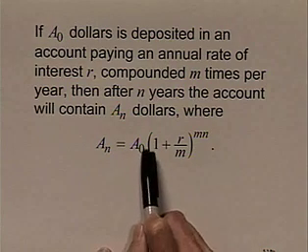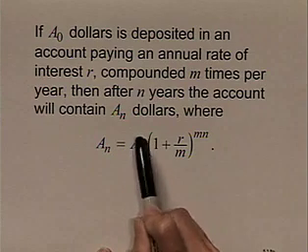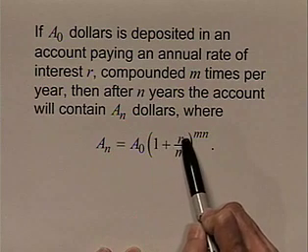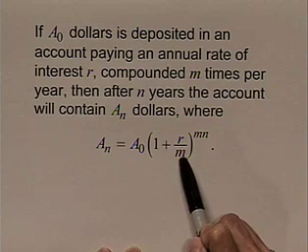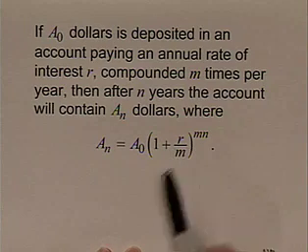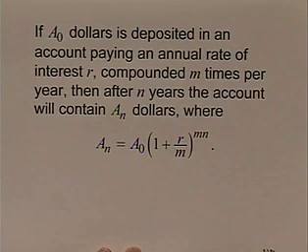Notice in the formula, A sub 0 is the amount we deposit, R is the annual rate of interest, m is the number of times the interest is compounded per year, and n is the number of years we're going to keep the money deposited.